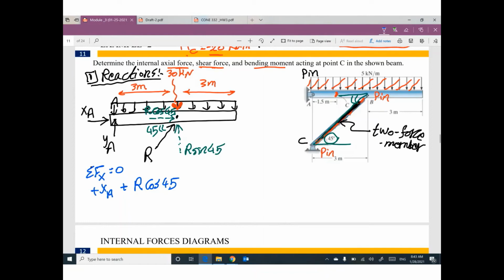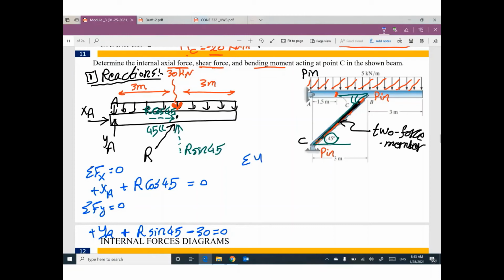Anything else in x direction? No. We have two unknowns. Summation of F in y equals 0. What do you have in y direction? We have positive YA, positive R sine 45 degree, and negative 30 equals 0.